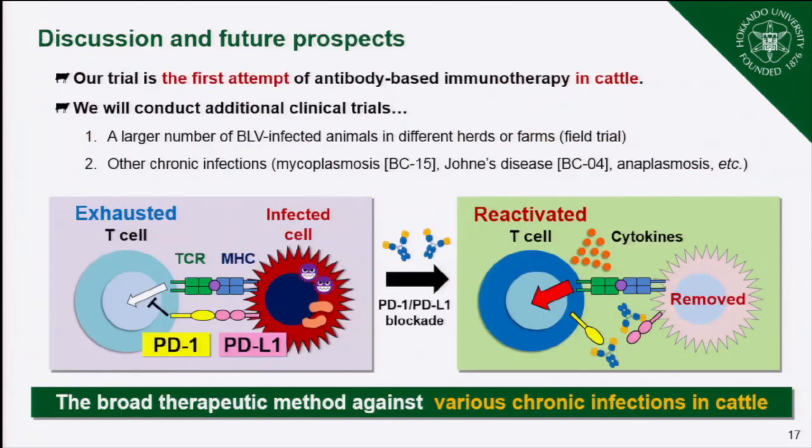For the next step, we will conduct additional clinical trials, such as a field trial with a larger number of BLV-infected animals in different herds or farms. And also, we're interested in other chronic infections, such as mycoplasmosis, Johne's disease, and anaplasmosis. We believe those studies will contribute to a broad, specific method against various chronic infections in cattle.